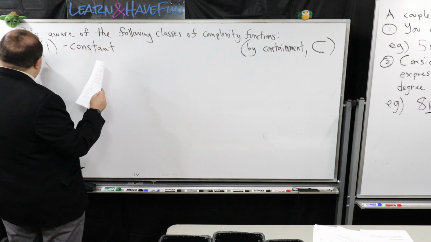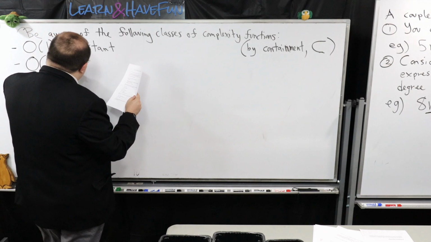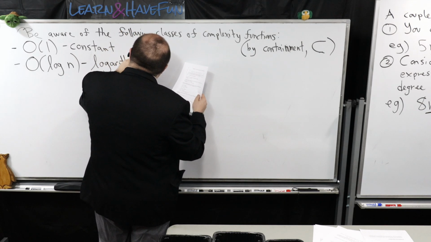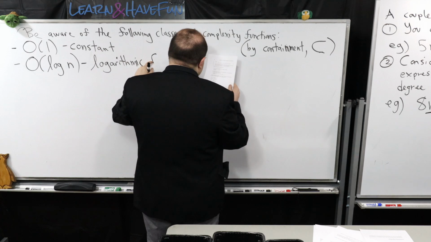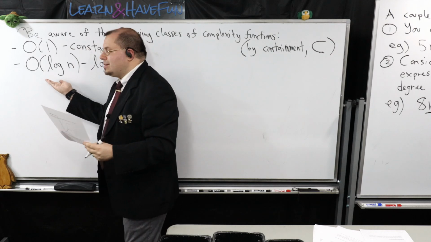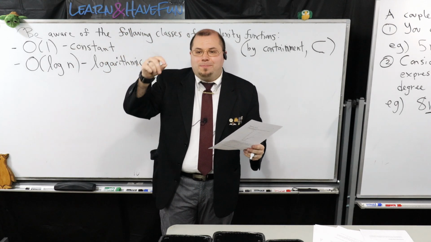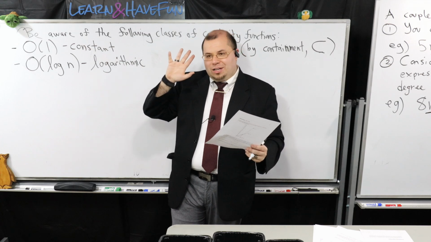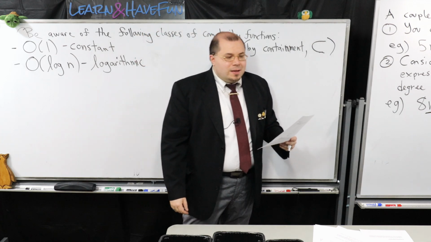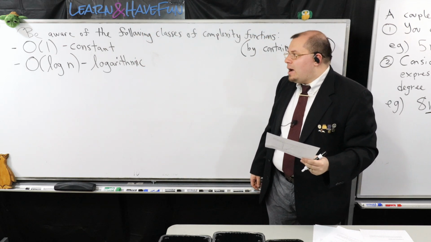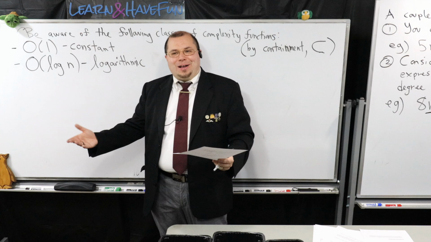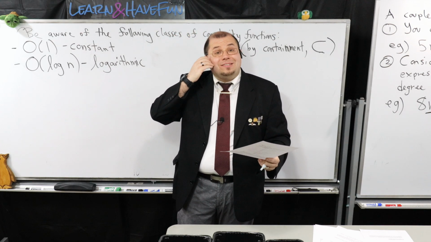So another one that I want you to be aware of is big O of log n. These are the set of logarithmic functions. I must stress that typically in computer science circles, when I write log n like this, just presume I'm saying log base 2 of n, but the base of the logarithm actually doesn't matter in big O. For example, if I wrote log base 10 of n plus 1, and I asked if that's big O of log base 2 of n, the answer, of course, is yes.